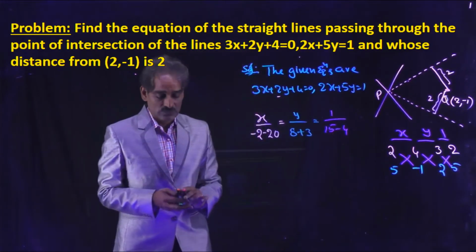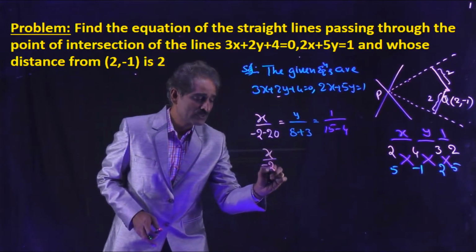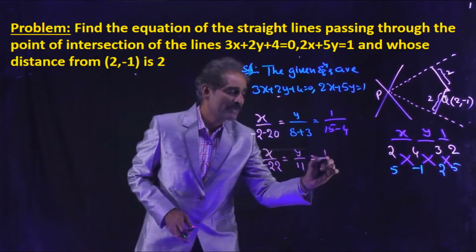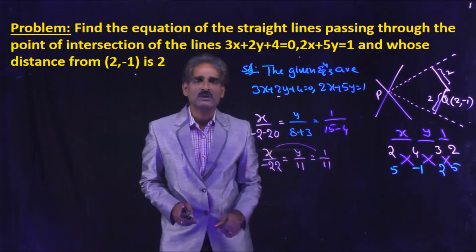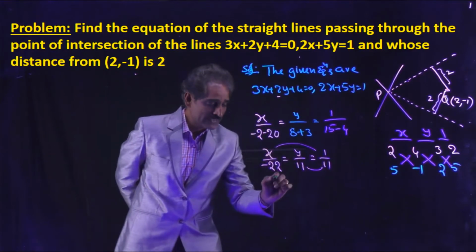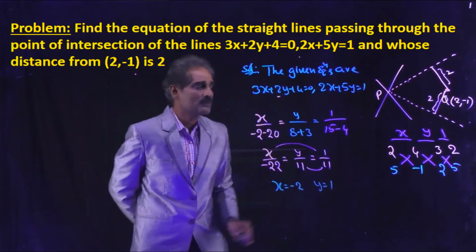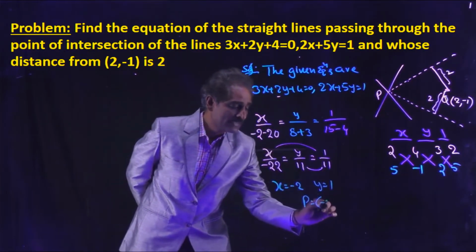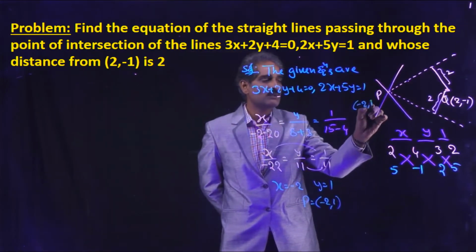So now write x by -22 and y by 11, 1 by 11. From these, x is equal to -2 and y is equal to 1. Now the coordinates of point P are (-2, 1).